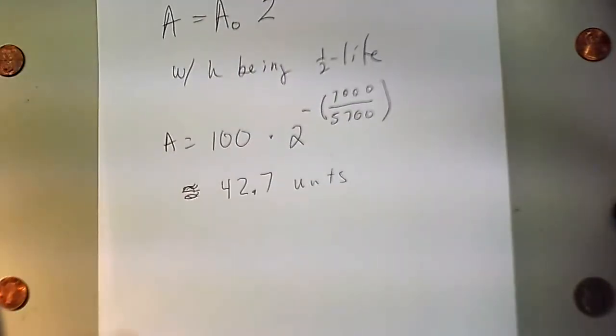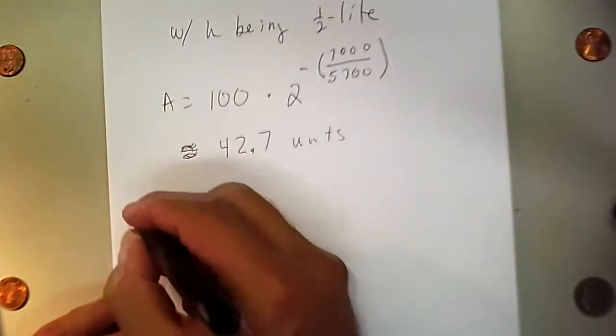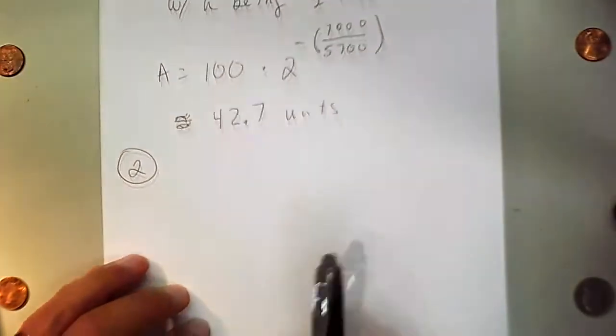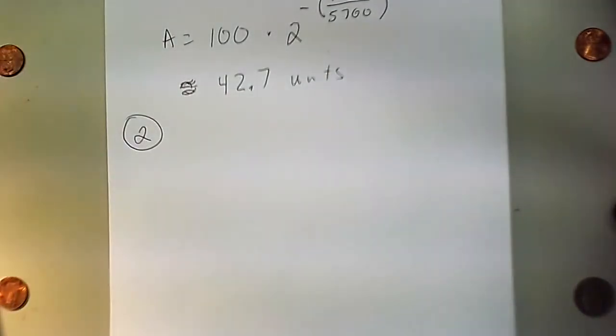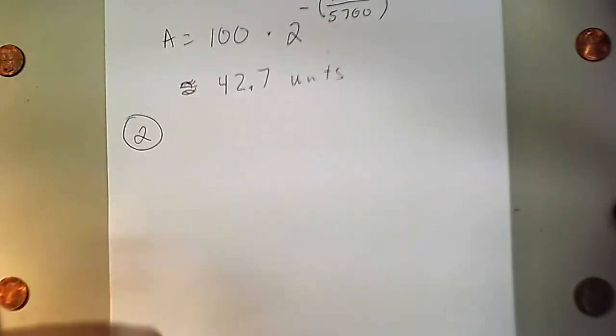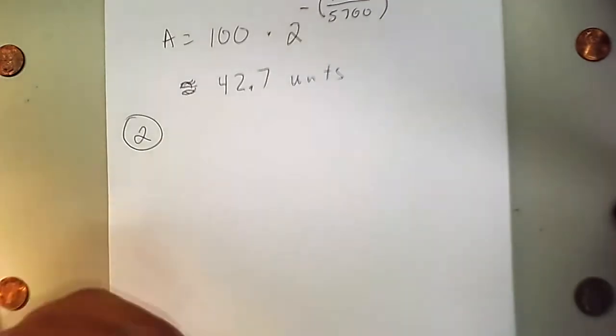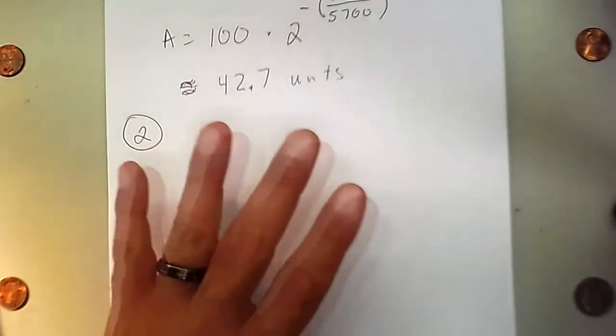Okay, let's do a second example. By the way, a lot of the substances they use as examples in the book have funny names, like carbon 14. They have a number attached to them, or radium, I don't know if they have a number or not, so don't get confused with that number.